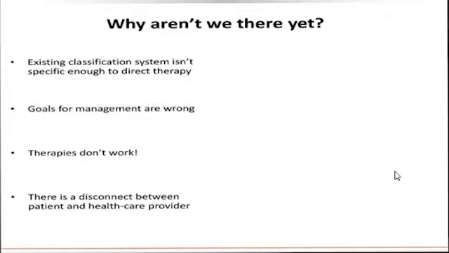The question is why we are not there yet. The existing classification of disease is not enough to direct our therapy. We don't have a classification yet that decides which phenotype calls for which type of drug. So we are not there yet. The goal of our treatment is not wrong, but it is different now.